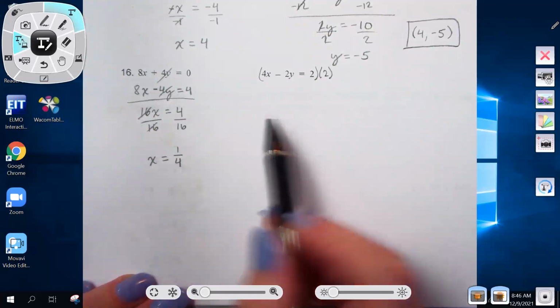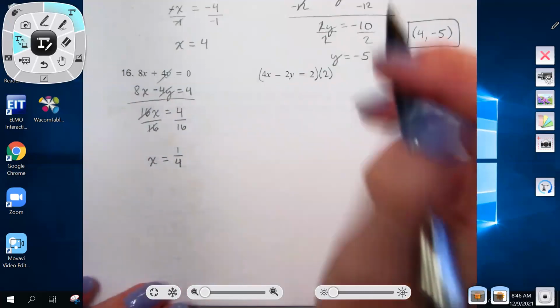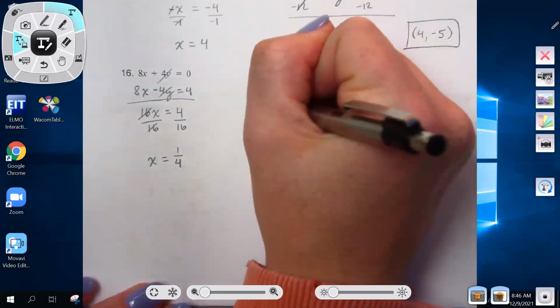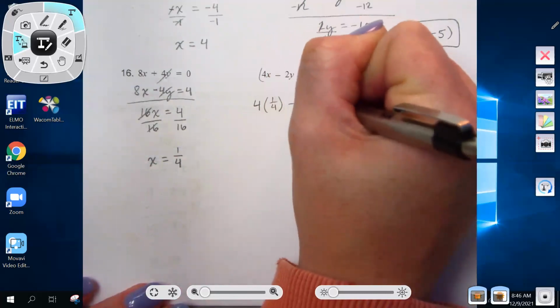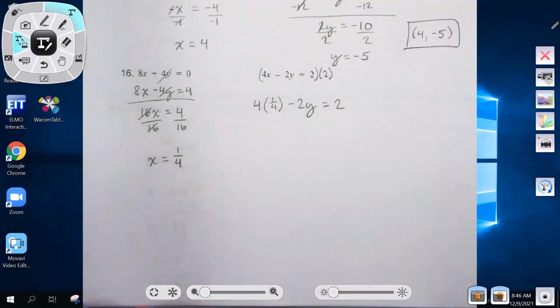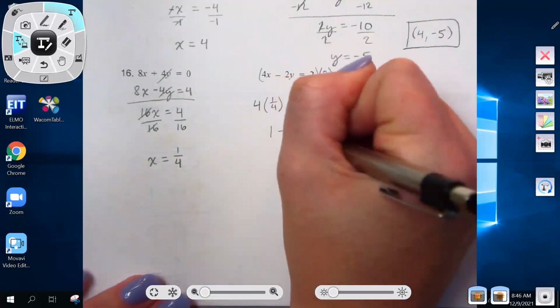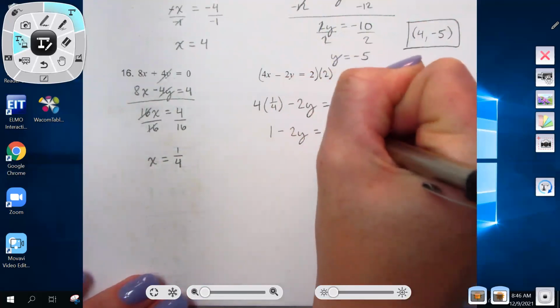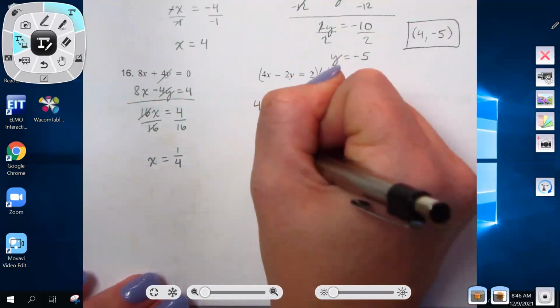Okay, so let's plug that value in for x in either one of the original equations. I'll just use this second one. So instead of x right here, we've got 1/4. Four times 1/4 is 1. So we're trying to get y by itself.